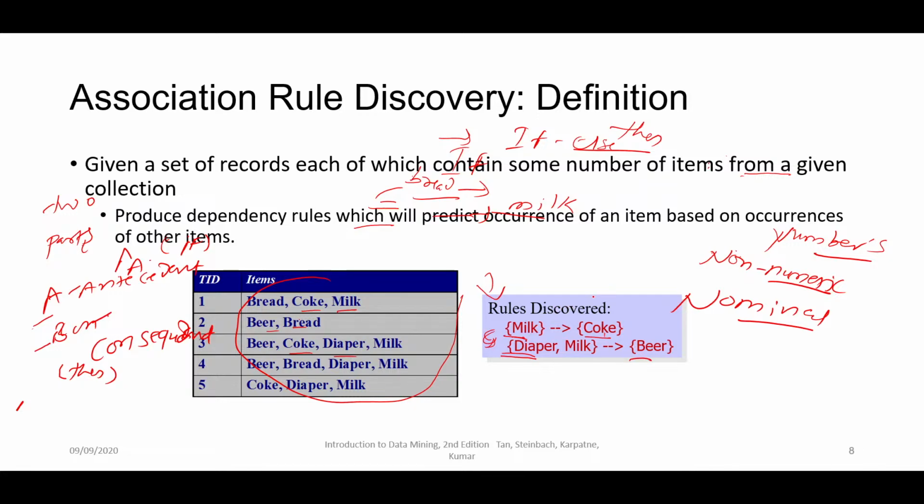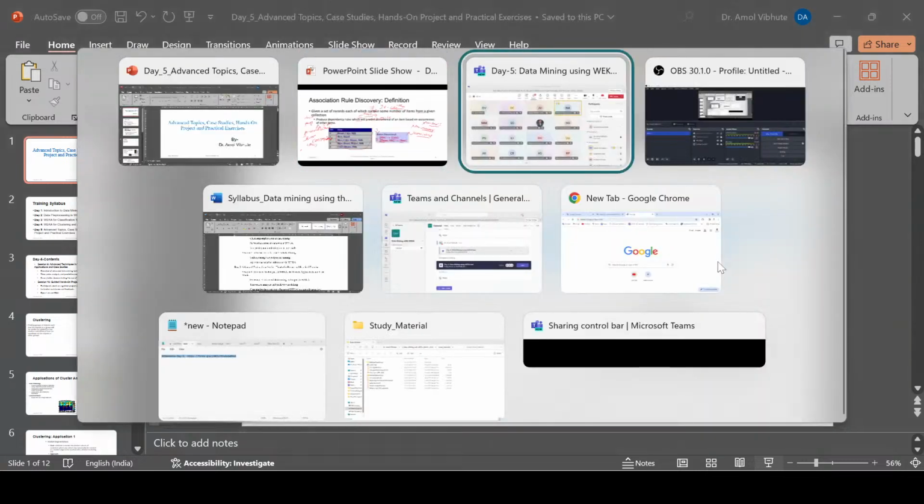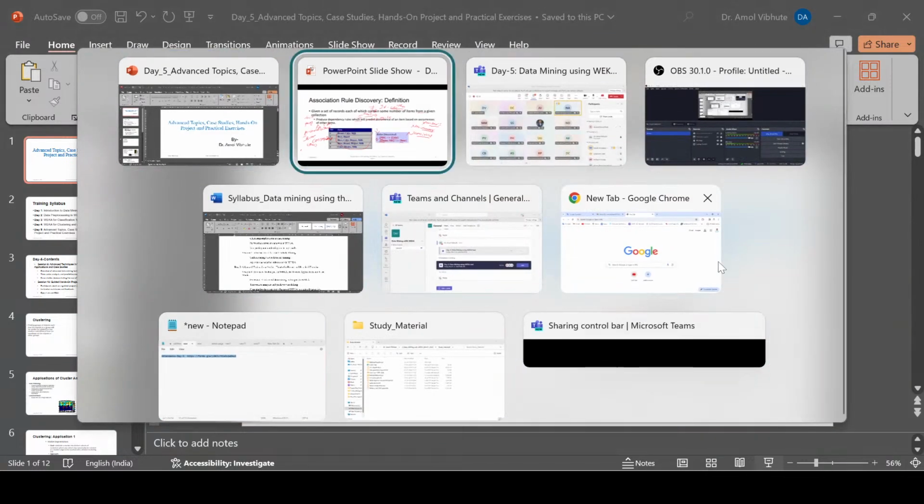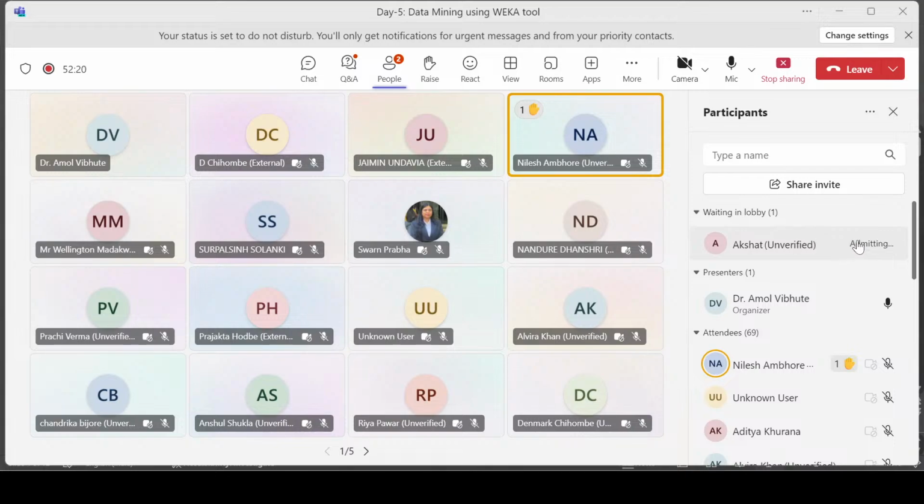Likewise, we can apply the association rule algorithm and create the association relationship between different objects. Fine. Hope this is clear.